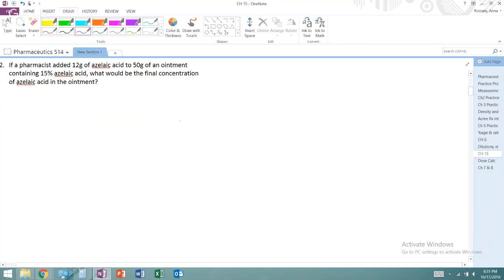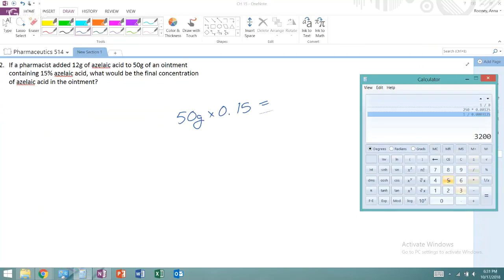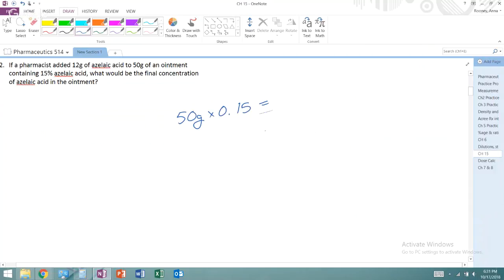So I want to figure out how many grams of acid are already in the ointment. So we take the percent and multiply it by the total of the ointment, and we find that that is 7.5 grams.